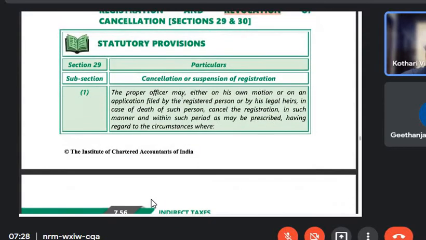Statutory provisions. Section 29. Cancellation or suspension of registration.